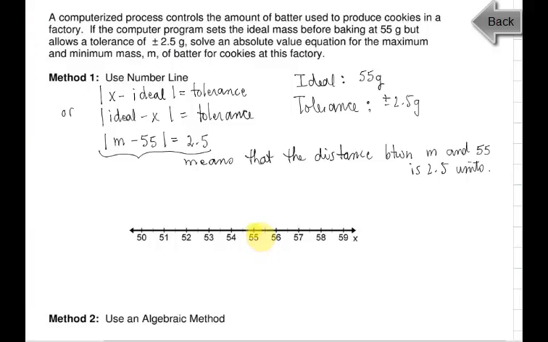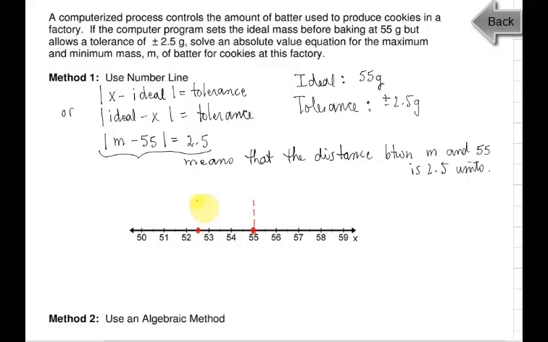So at 55, okay, and I'm just going to put a line through that. Okay, and remember our distance between m and 55 is going to be 2.5 units. So that means going to the left, I'm going to count off 2.5 units. Okay, so here's 1, 2, and 2.5 is right here.